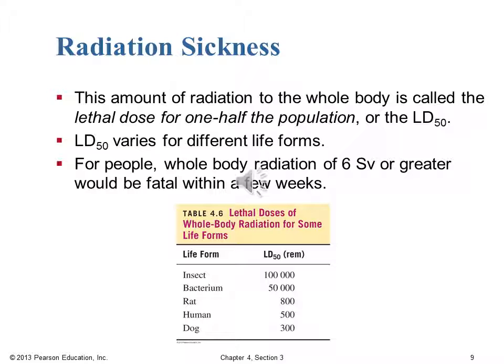And you can see the LD50 for various types of life, lethal doses of whole body for some life forms. Insects and bacteria are quite resistant. Humans are a little lower than rats and a little higher than dogs. So I guess that's where we are on the food chain in terms of lethal doses of whole body radiation.